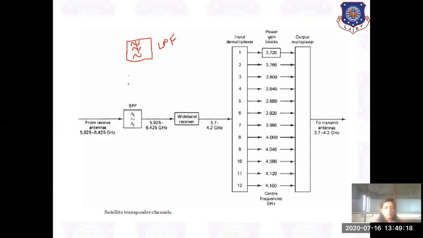If I want to draw a band pass filter, then I have to draw it like this. Band pass filter is like this. Only the band is going to be passed. Low frequencies and high frequencies are not going to pass.